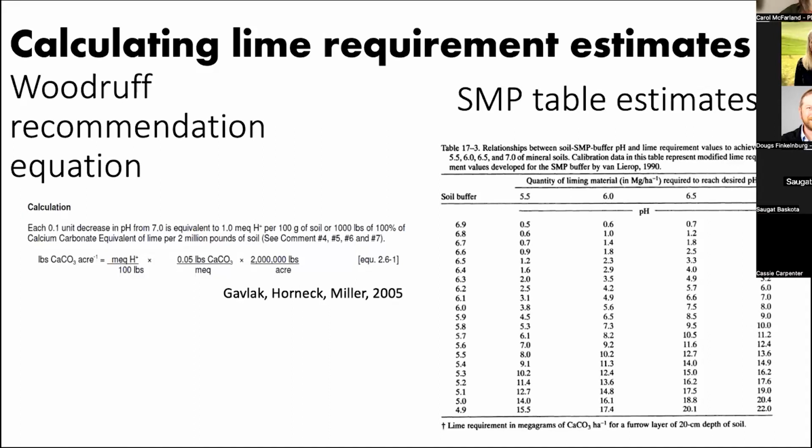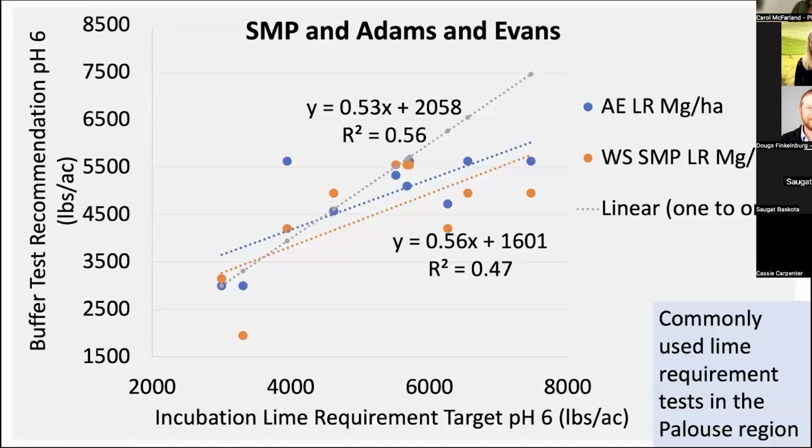So that's how those tables work. And again, this is for a furrow layer of 20 centimeters. This is from a soil science handbook. So again, we've got science units in this one, but this is really just for demonstration purposes at this point.